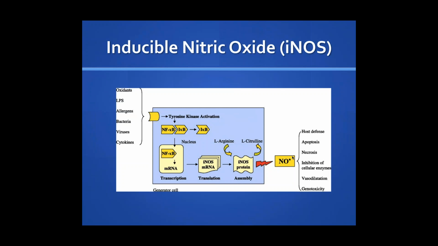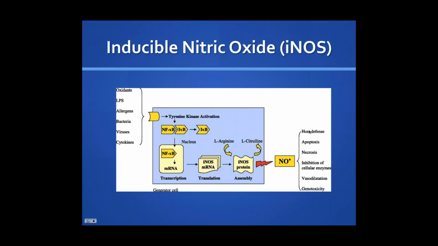So again, here, we have the promoters of NF-kappa B, which are oxidants, lipopolysaccharides, allergens, bacteria, viruses, and cytokines. They will turn on the tyrosine kinase activity, which then activates NF-kappa B, which goes through transcription, translation, and assembly, and in response, we make the nitric oxide over here.